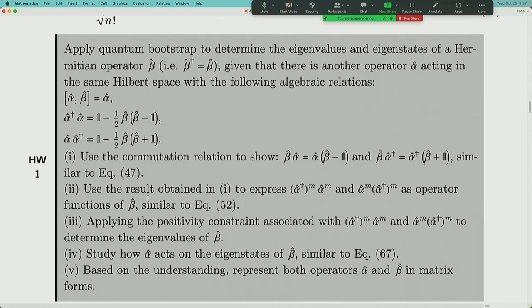You evaluate this one, and it will be greater or equal than 0.